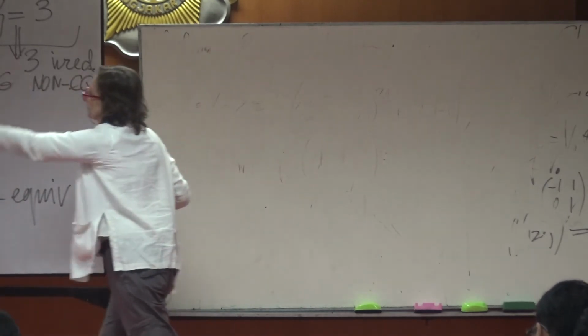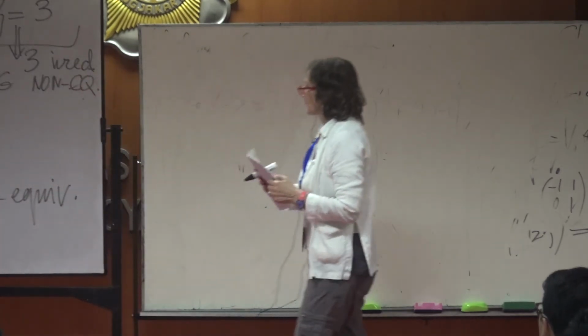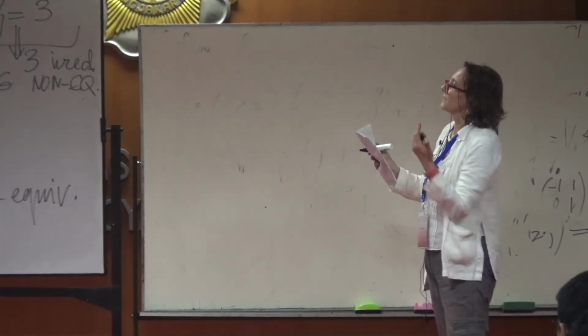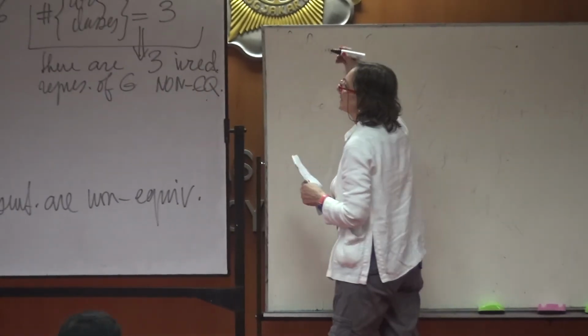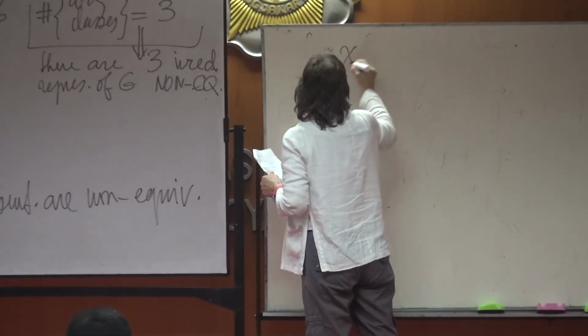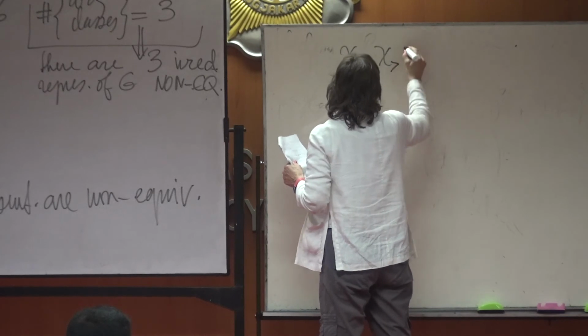What if I compute now, for instance, chi1 and chi2, the inner product?